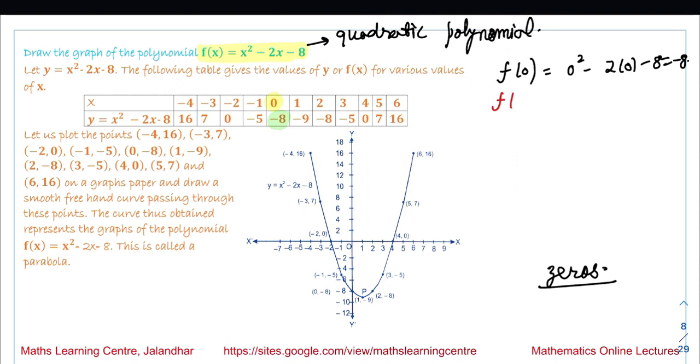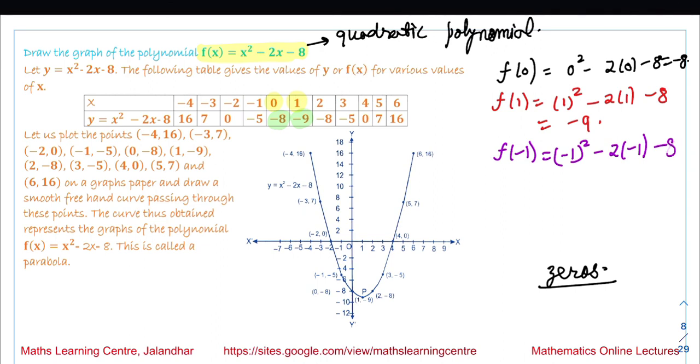Next we substitute x is equal to 1. So we will get 1 square minus 2 into 1 minus 8. The answer we are getting is minus 9. For x is equal to 1, the answer is minus 9. Next, suppose we calculate f of minus 1. It is minus 1 square minus 2 into minus 1 minus 8, and on solving this you will get the answer minus 5.